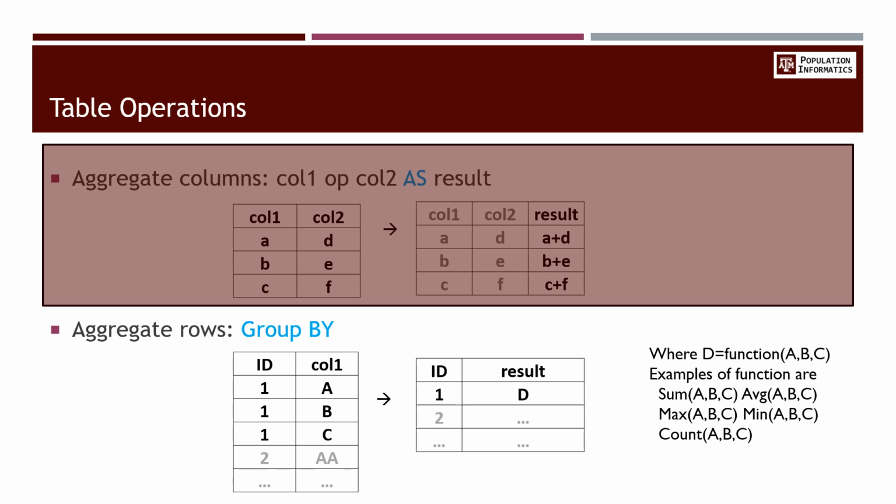As with columns, you also have to specify how you want to combine the multiple rows, such as sum up or take the average, max, or min. So, for example, you may want to sum the cost of all visits on the same day in the payment table. Let's look at the syntax carefully one at a time now.